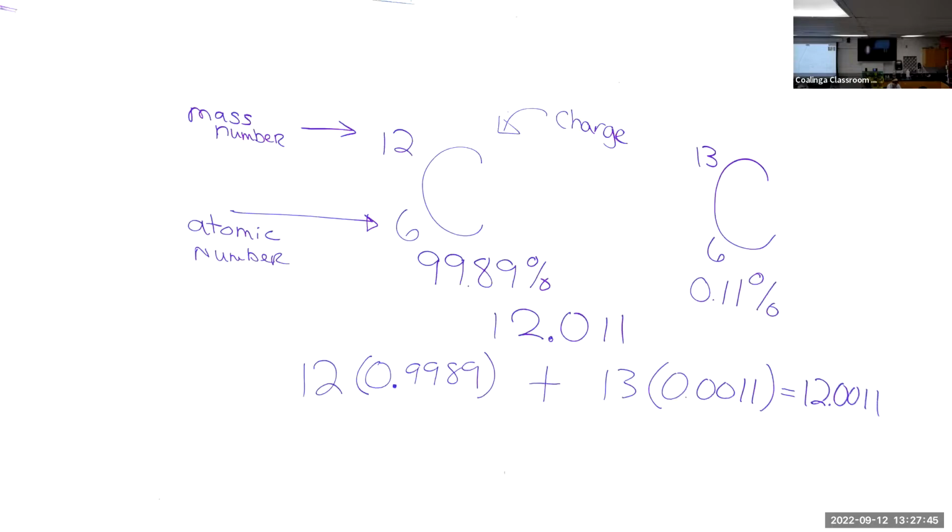And then on the periodic table it says 12.0, 0. Okay, so I'm off by something. This should be 12.011. So my percentages might be off by 8%. So it might be. Right, it is 8, 9, 1 here.